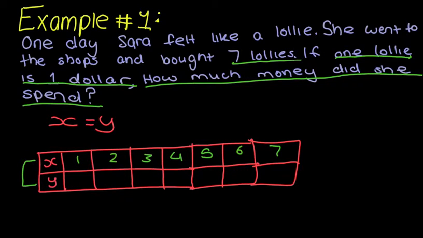So, because over here it says x equals y. So, this is 1, 2, 3, 4, 5, 6, 7.